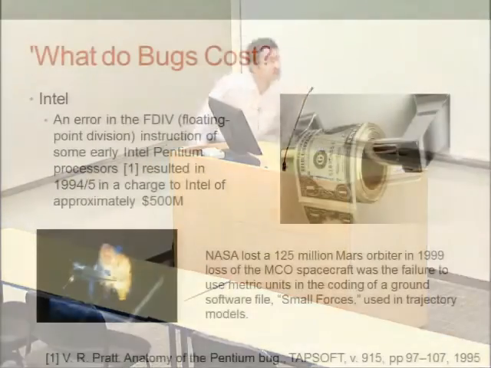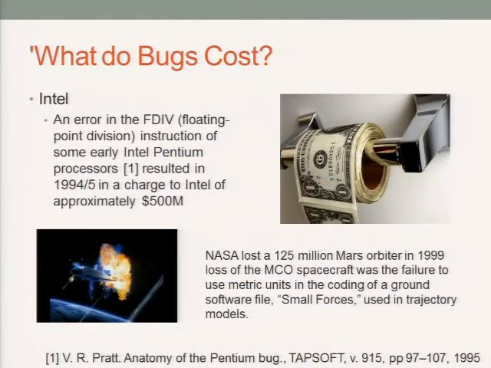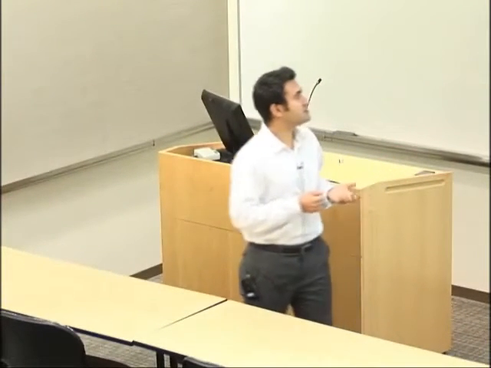In practice, this is going to be a nightmare for industry. Intel is a very famous example. You have probably seen this 100 times before, but it's worth re-mentioning that Intel lost $500 million on its early Intel Pentium processor in '95, just for a bug in the floating point division instruction in their processor.